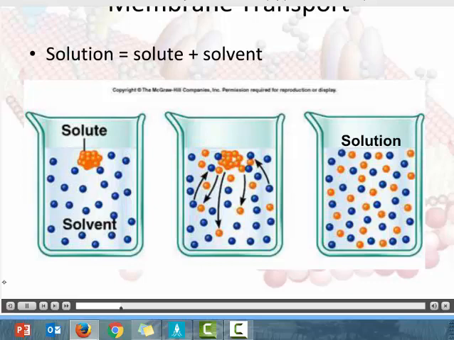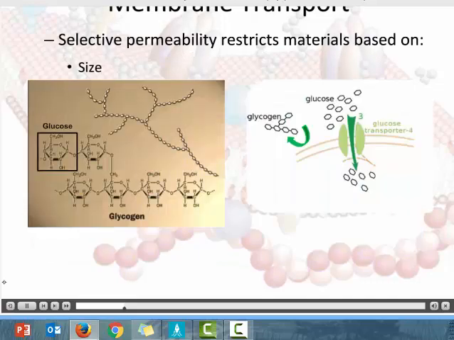Okay, so plasma membranes, in general, we can consider them to be selectively permeable, meaning they allow some material to move freely across the membrane and other material is restricted. We restrict movement of material based on that material's size. So if you think about the molecule glycogen, remember glycogen is a very large molecule.